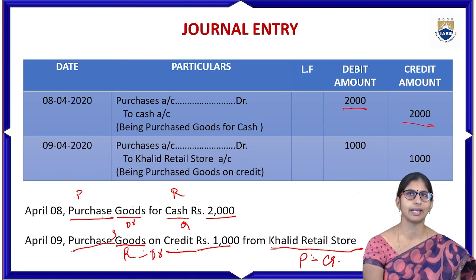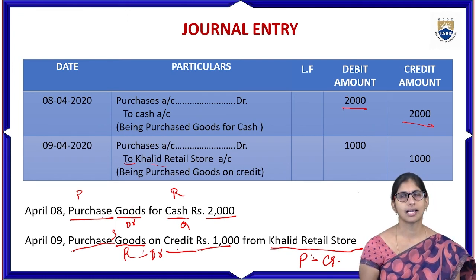This "To" indicates that it is a credit item. Whatever item is written here is a credit item. So Khalid retail store is a credit item here as per the general entry. Purchases account debit to Khalid retail store account. The narration is goods purchased on credit. The amount is 1000 rupees.